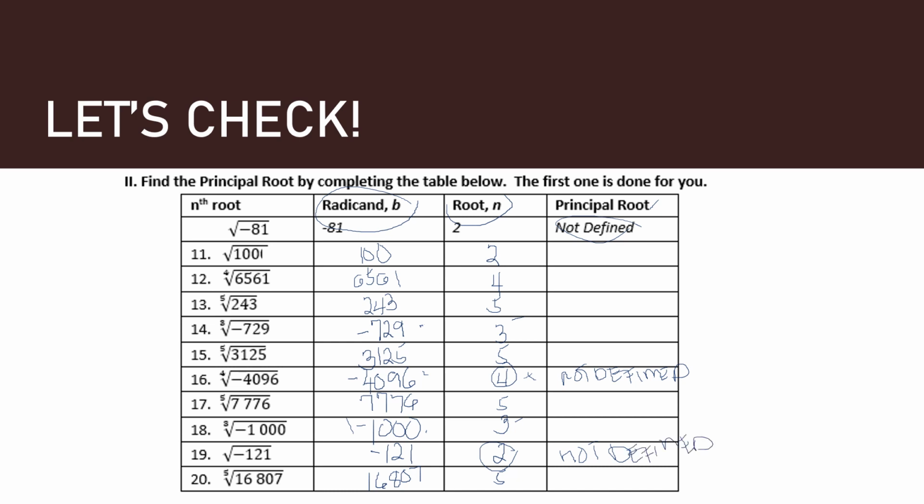Okay, I think we can now solve for the roots of the given. So one, square root of 100 is 10. Fourth root of 6,561 is, what number can we multiply to get the value of 6,561?